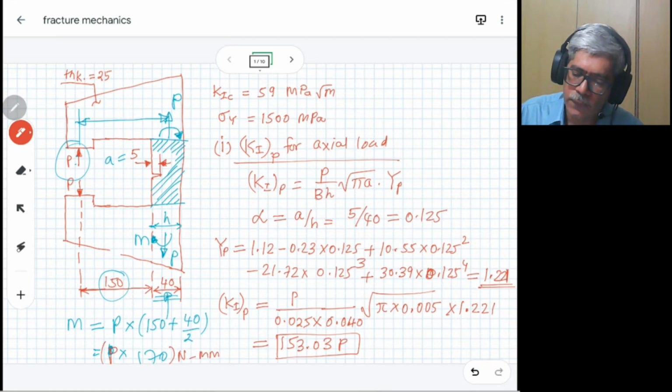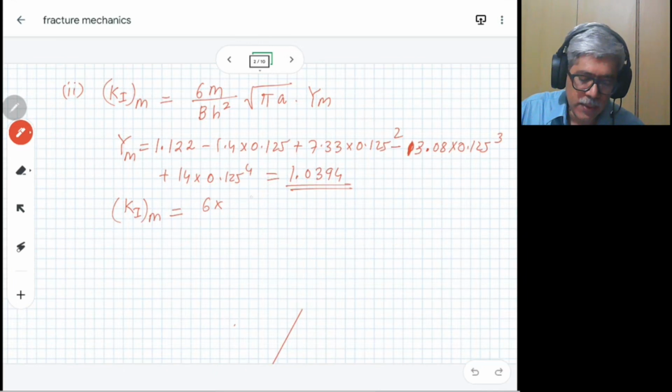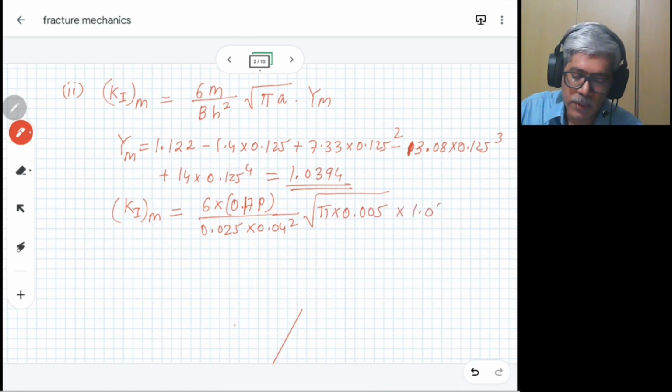So in terms of our units, it will be given as 0.17 times P, so that is Newton meters, divided by 0.025 into 0.04 the whole square, under root pi times 0.005, multiplied by 1.0394.